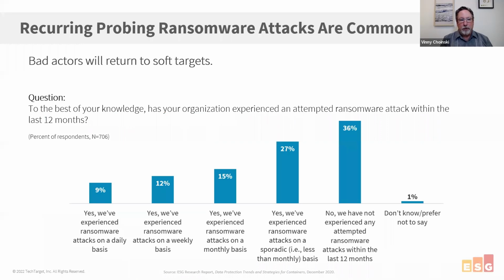I think more concerning to me is that almost 9% of the folks responded that they were seeing ransomware attacks on a daily basis, 12% on a weekly basis. So there's a number of people having recurring attacks, and we're finding that when the bad actors find a soft target, they'll return to that.